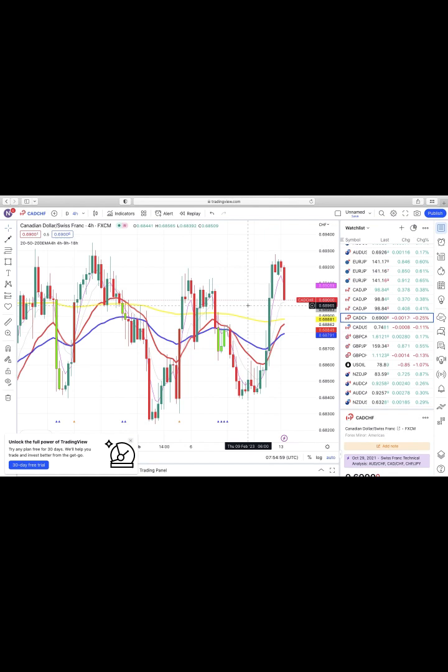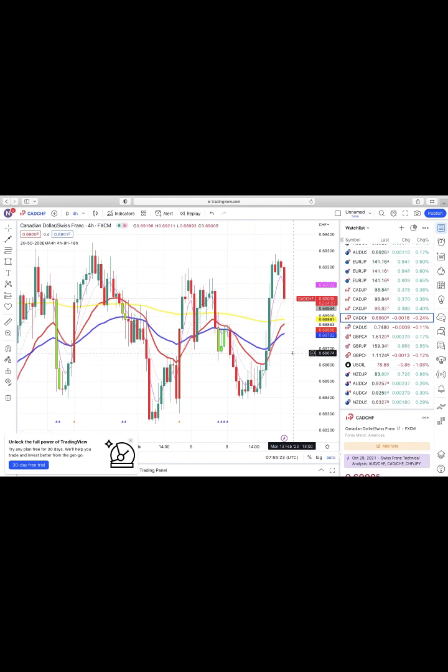Now, for you to be very, very safe, having confirmed that all the factors in that specific price movement are on your side, you have to wait for this market to break the 200 EMA.